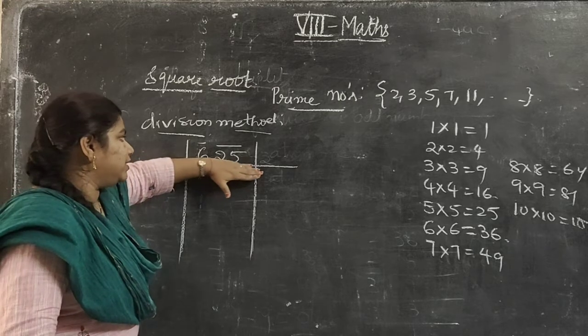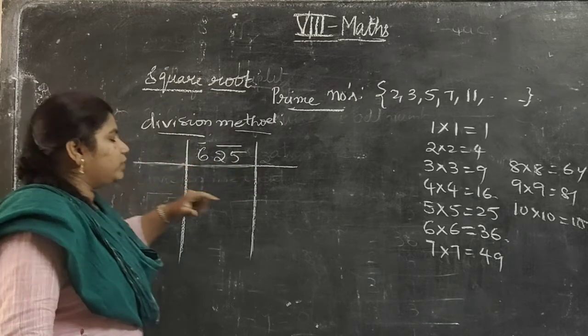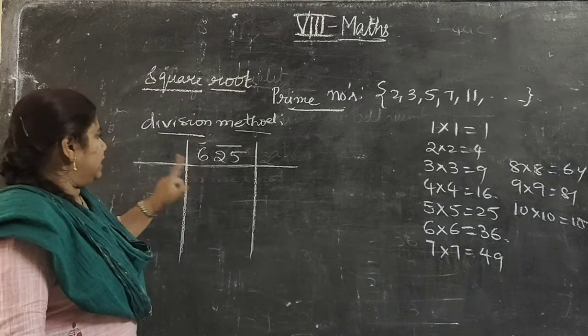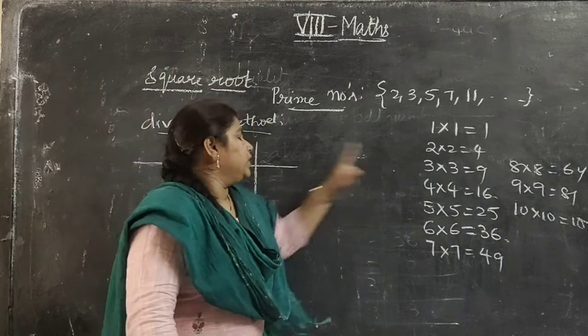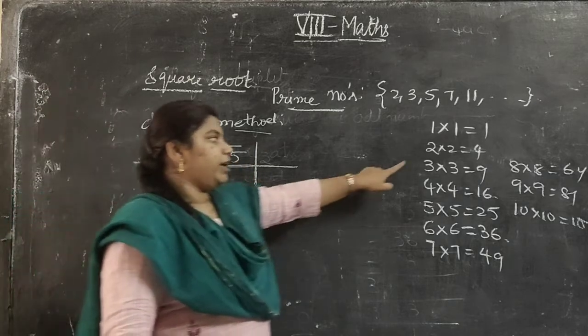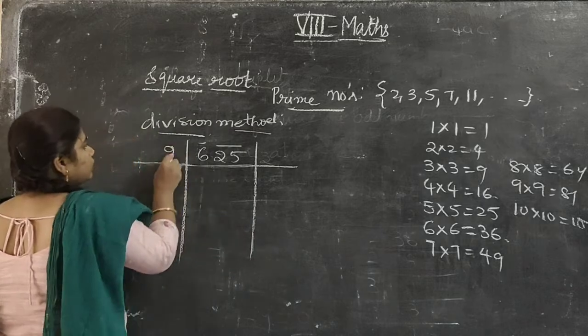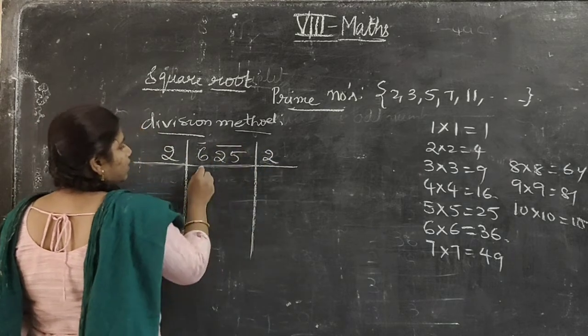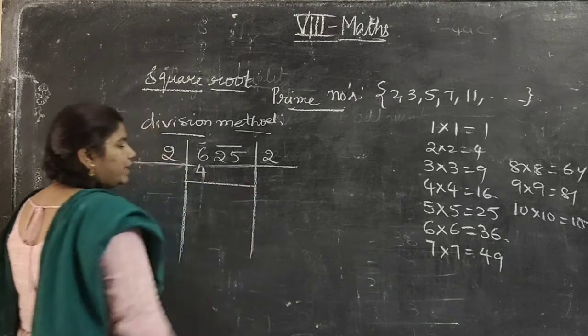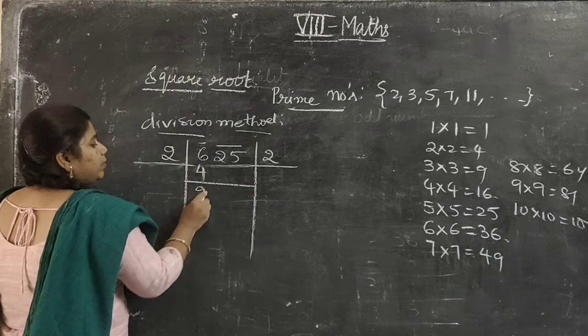Now you can take the next number, 2, 2 2s are 4. Next is 3, 3 3s are 9. 6 is less than 9, so we take 2. 2 2s are 4. Now subtract: 6 minus 4 is 2.